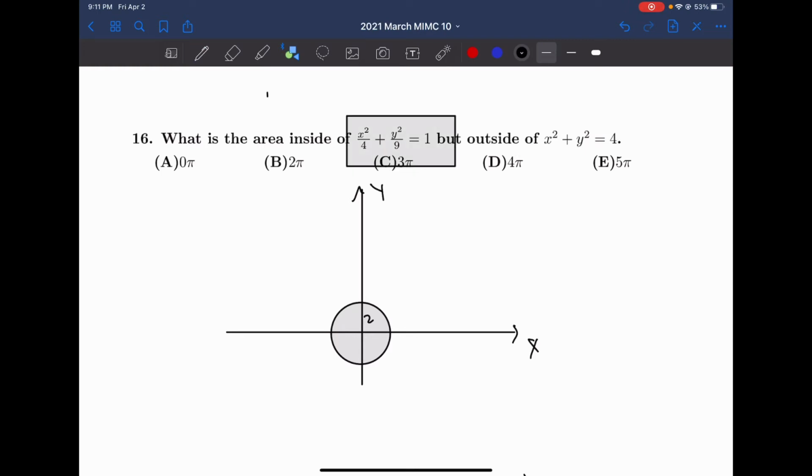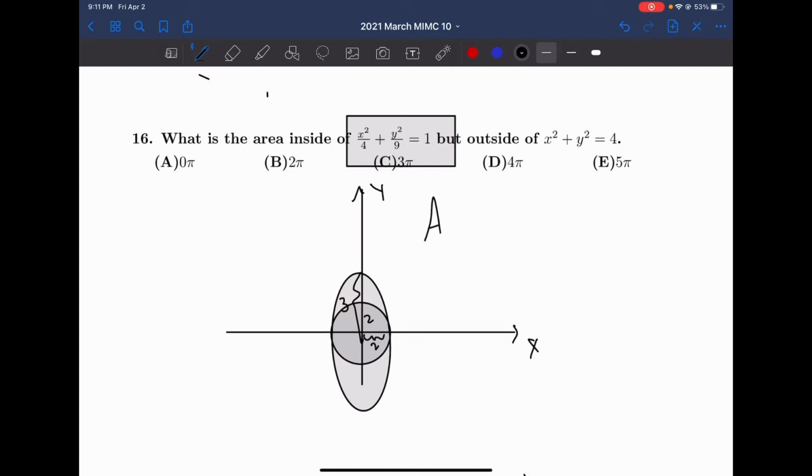And this shape is actually an ellipse with a longer section like this. I cannot draw it very well here, but here's the deal, that it also has a center at 0, 0, or the origin, and this length would be 3, and this length would be 2.